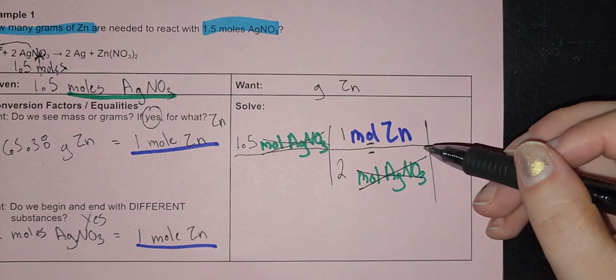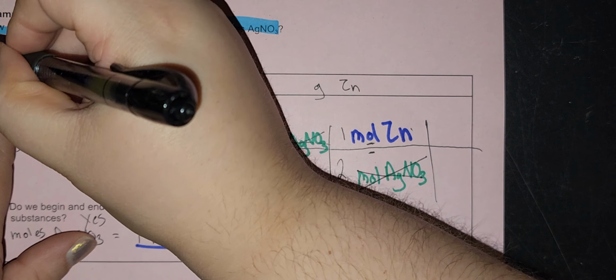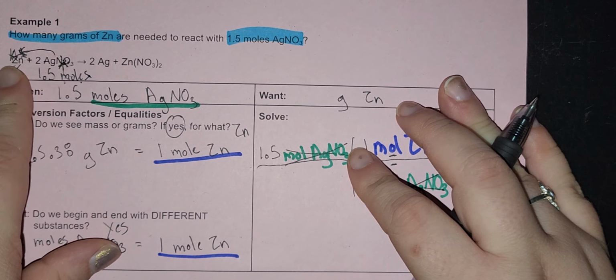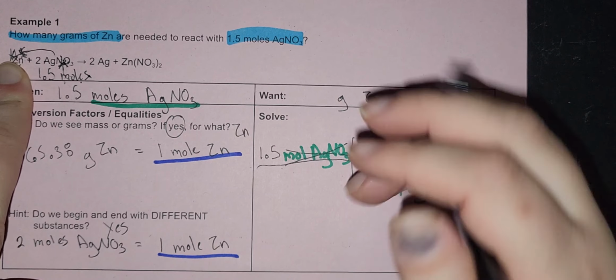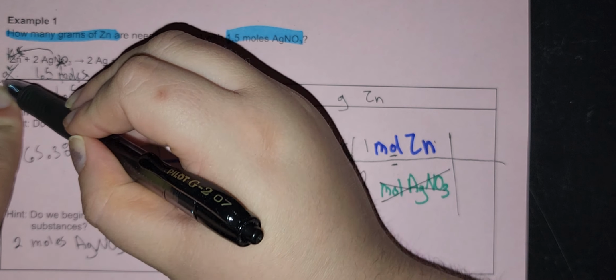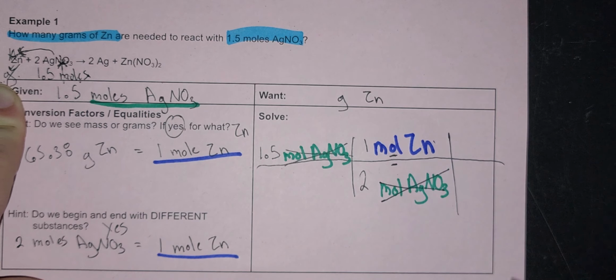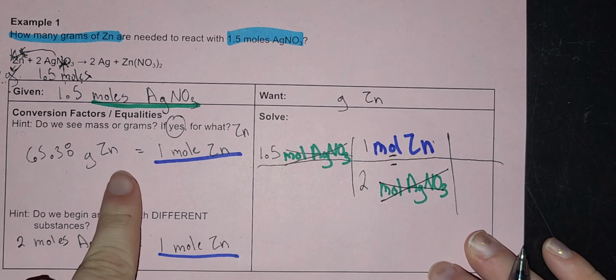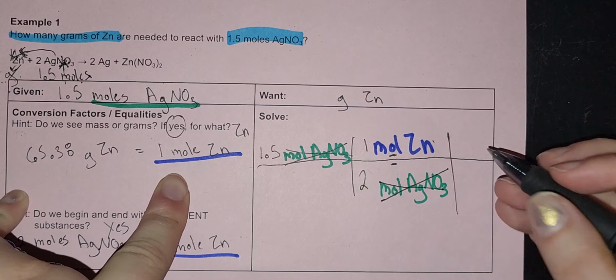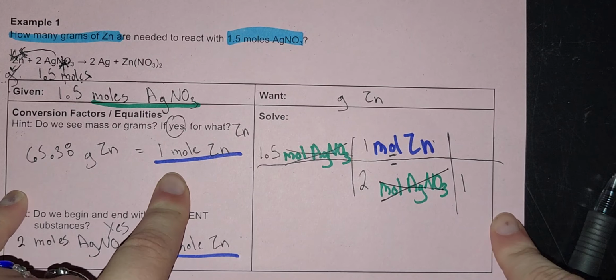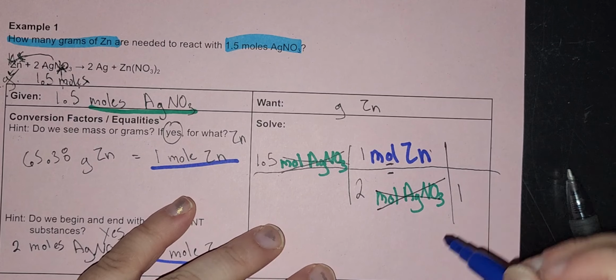We have moles of zinc on top now, so we are right here in our equation. To get back out of our equation, to go back to grams, we are going to use our molar mass. So again, we want the same unit on the bottom, so we're going to do moles of zinc on the bottom.